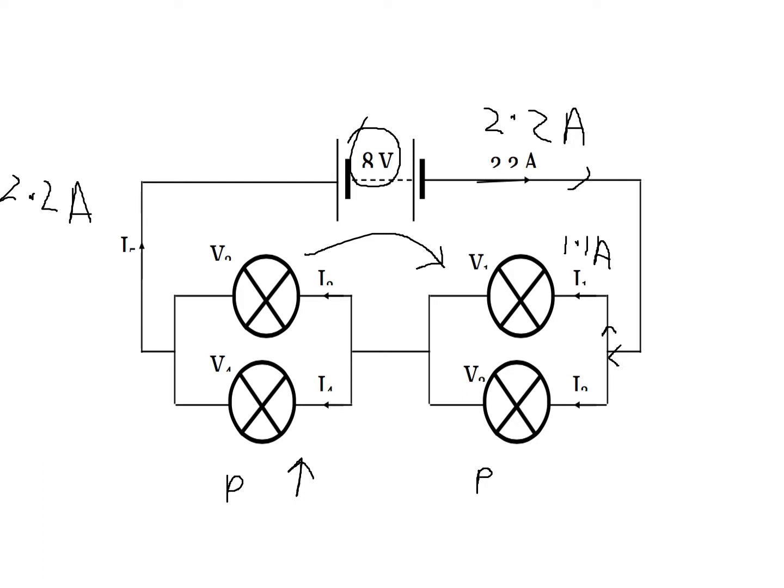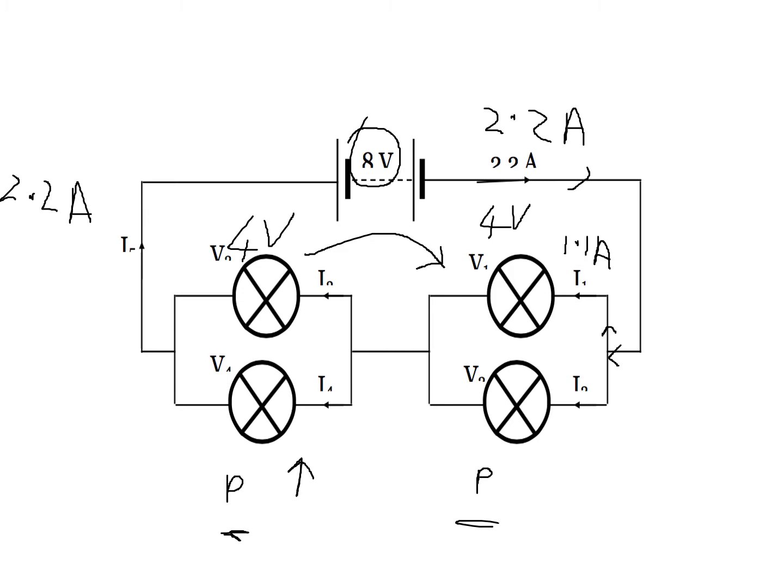Now, this is quite a nice thing because we've got two parts that are identical to each other. You've got two bulbs in parallel here, and you've got two bulbs in parallel here, so we can treat them as if they were identical to each other. And that means the voltage will split up evenly between these two sets of bulbs. So that means that there will be 4 volts going across these set of bulbs here, and 4 volts going across these set of bulbs here as well.